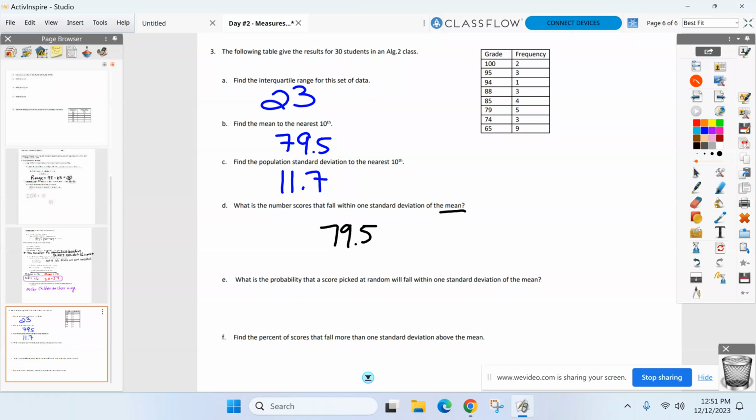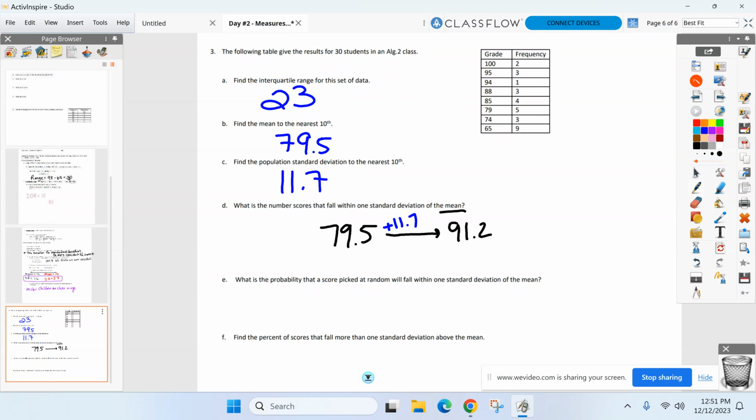So 11.7 plus 79.5. What score do you get? 79.5 is the mean plus another 11.7, which was my standard deviation. You get about what? 91.2. And again, how did I get that? I added my standard deviation within one. So now I'm going to have to find what's one below it.